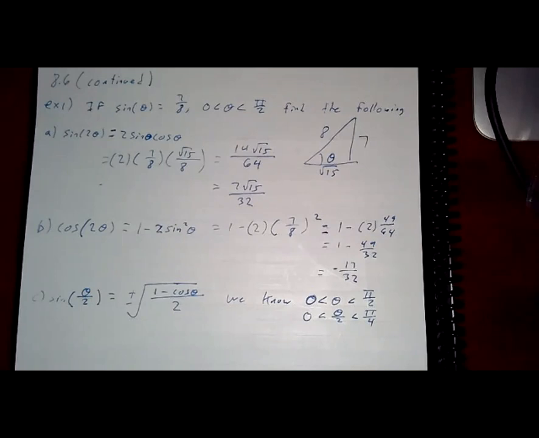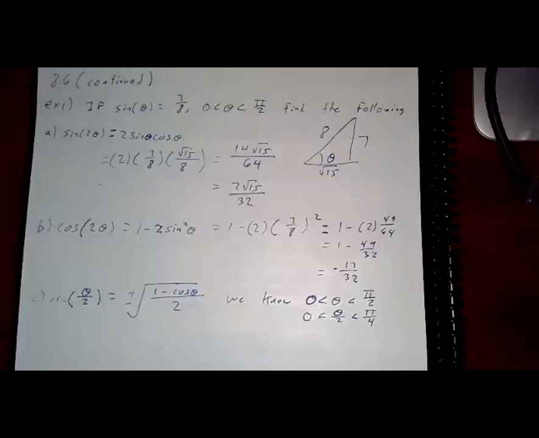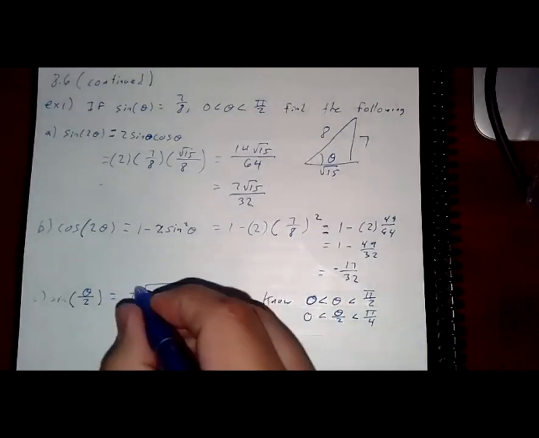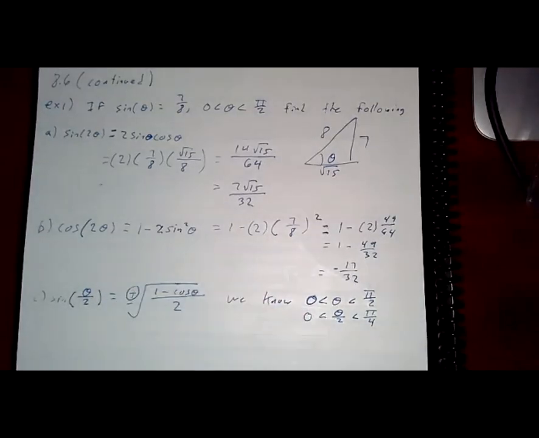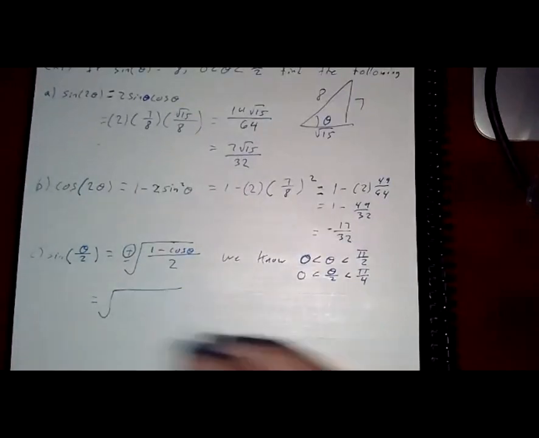Yes, right? And let me pull up the thing in case you don't see that. So originally we had 0 to pi halves, right? So I cut it in half, so now I'm going to 0 to pi fourths. So I'm still in the positive. Because of that, I will choose the positive sign here. Okay, so I'm going to use a plus. Or just don't write the sign at all.